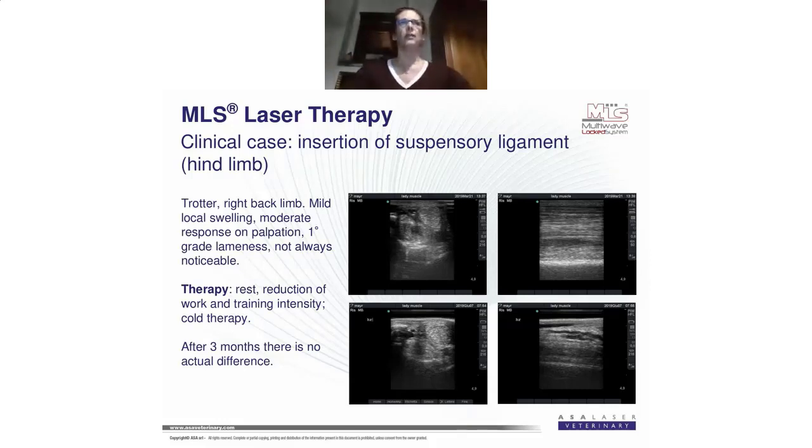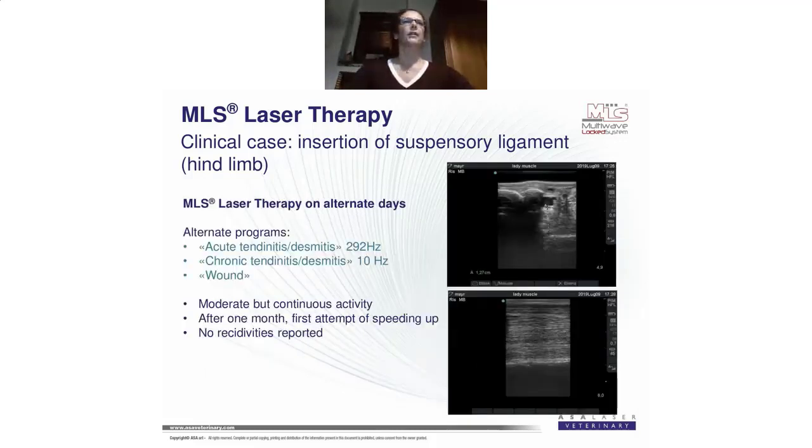So after that, they started with laser, with acute tendonitis, chronic tendonitis, and wound, which is continuous wave, with moderate but continuous activity. After 1 month, we could make the first attempt of speeding up, and there was no recidivity reported anymore.